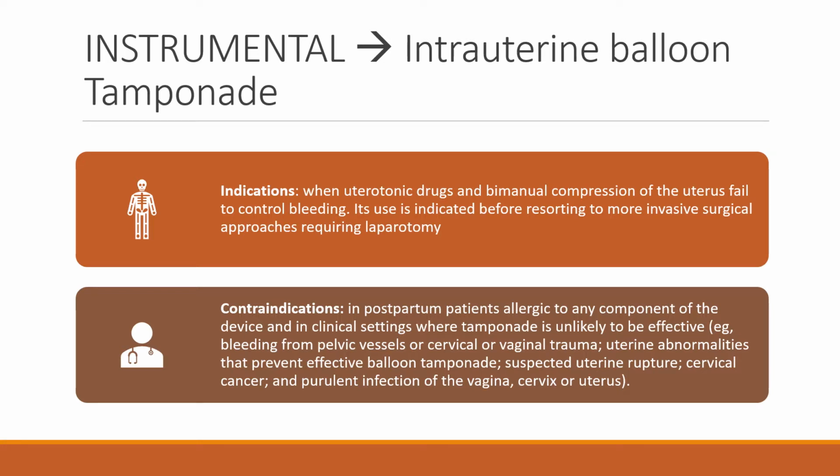For example, bleeding from pelvic vessels or cervical or vaginal trauma, uterine abnormalities that prevent effective balloon tamponade, suspected uterine rupture, cervical cancer, and purulent infection of the vagina, cervix or uterus. These are all contraindications of the uterine balloon tamponade, and in these cases we should go from the pharmacological management directly to surgery.